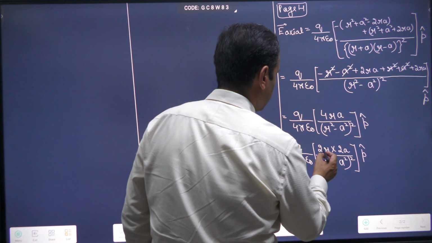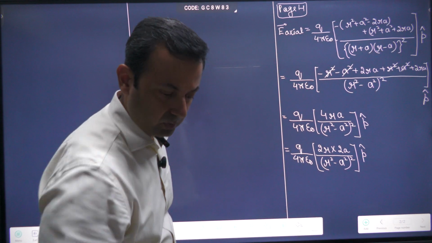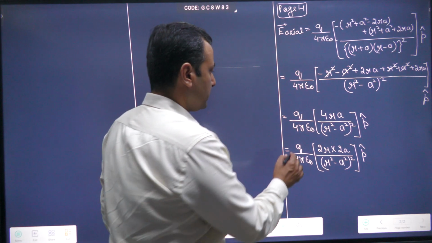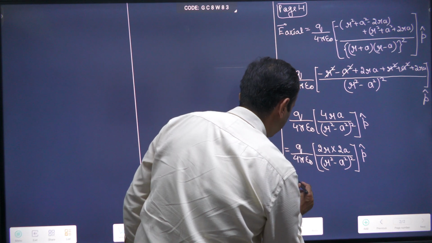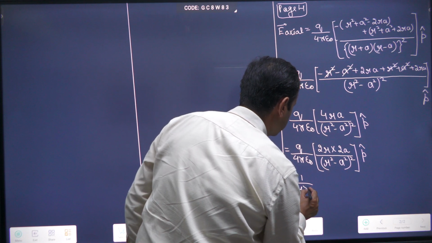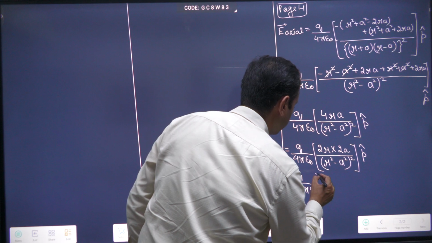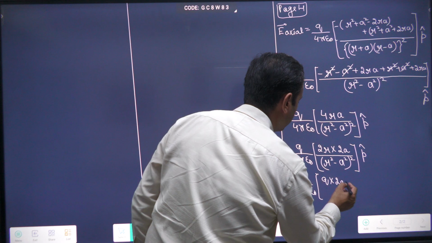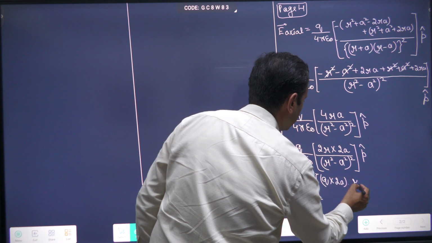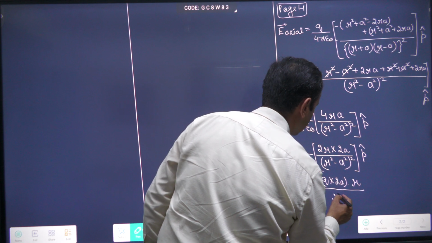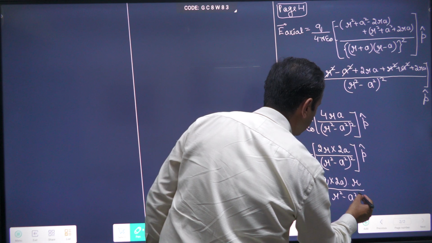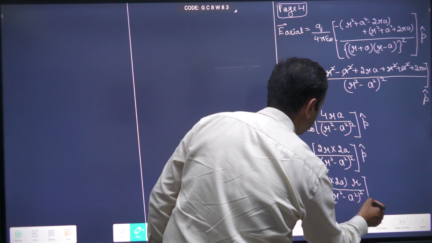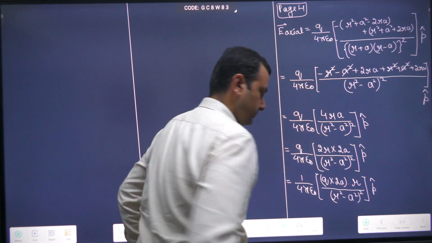Okay, now let us take this q into 2a. Let us take this q inside it. So 1 upon 4 pi epsilon naught q into 2a multiplied by r upon r square minus a squares whole square p cap.